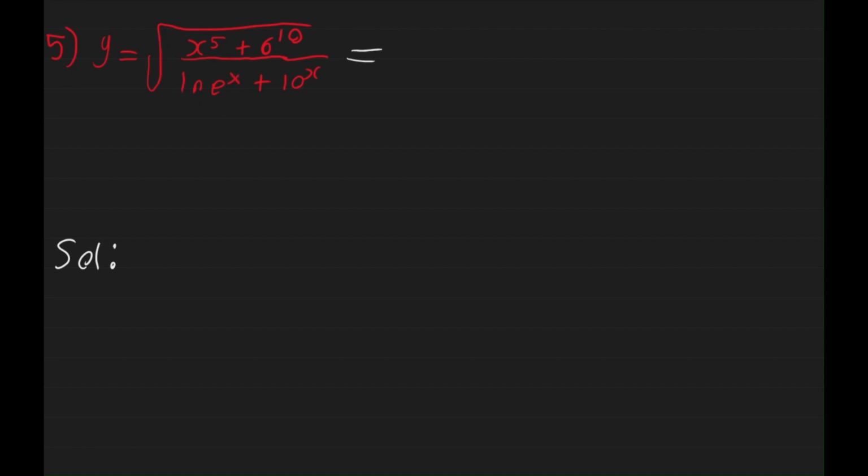Ln e is just 1, so what remains here is just x. So this is equal to root x power 5 plus 6 power 10 over x plus 10 power x.